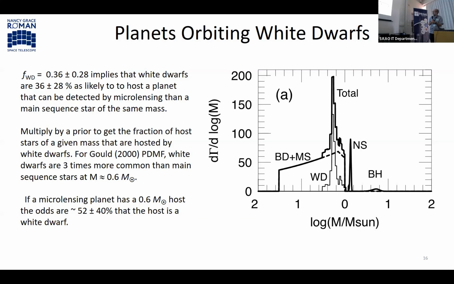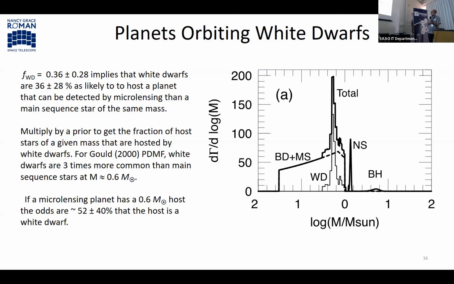And so you see that for masses near the peak of the white dwarf distribution, most of the objects in the galaxy of that mass are white dwarfs. With this mass function, it's actually a factor of 3.